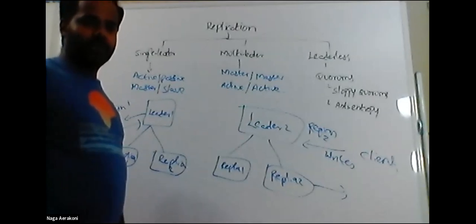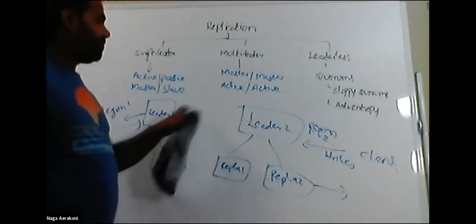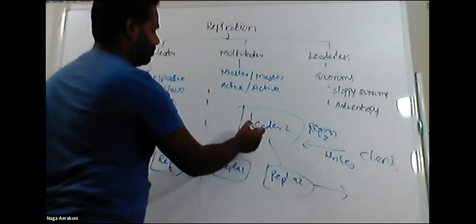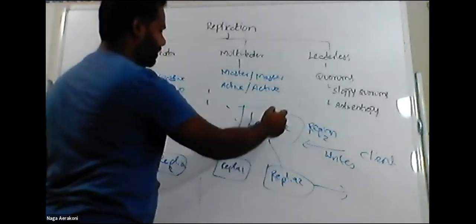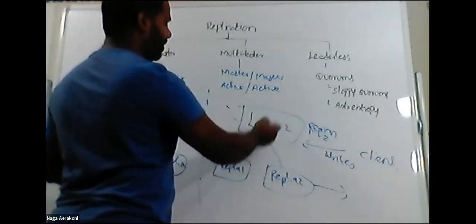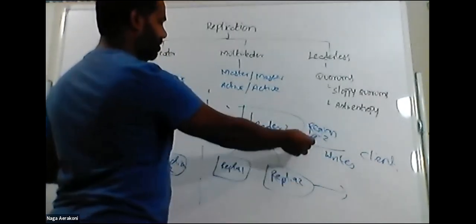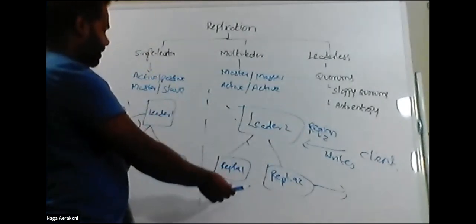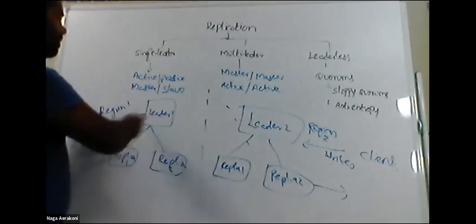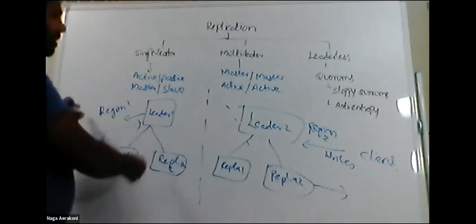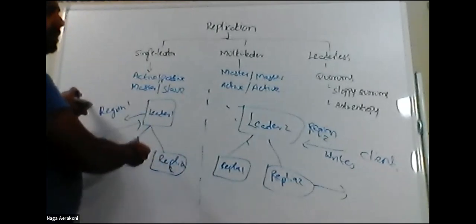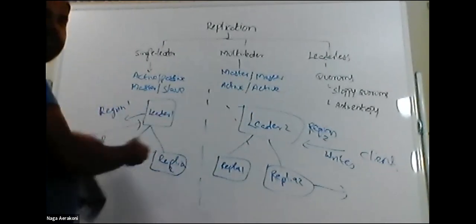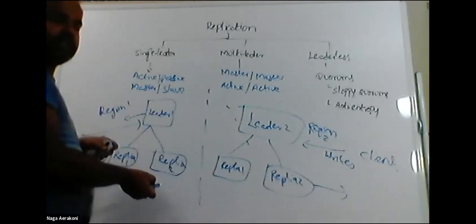So any questions? The advantage with this is, even if the whole data center where this leader and replicas in region 2 are goes out, you still have leader 1, the region 1 data center, up and running. So you can redirect the writes from other regions to this region to continue serving requests.